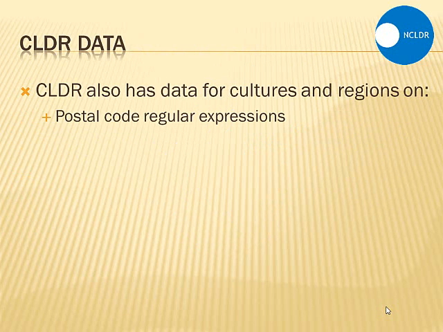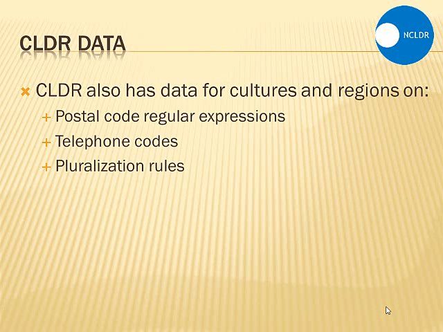So it adds data for cultures and regions, including things like postal code regular expressions, telephone codes, pluralization rules, for which the pluralization rules in English are incredibly simplistic. But if we look at languages like Polish and Hungarian, Russian and Arabic, then the pluralization rules are significantly more complex, and the current support in the .NET framework is fairly minimal for those kinds of issues.